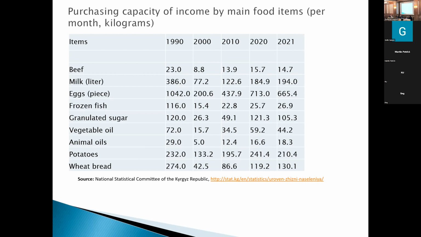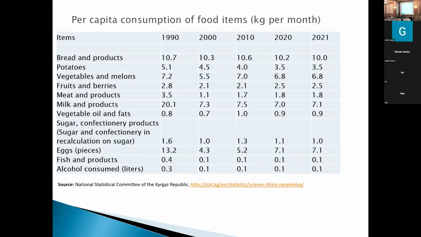Even though the necessary goods stayed the same, especially we can see that fruit, meat, and milk, and also sugar and eggs, decreased a lot compared to the 1990s.